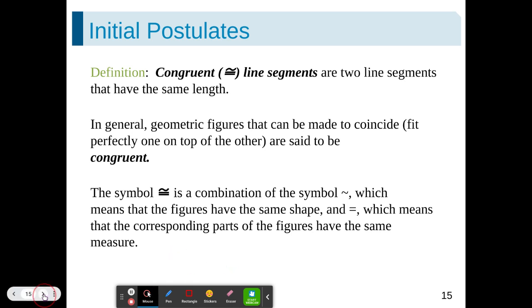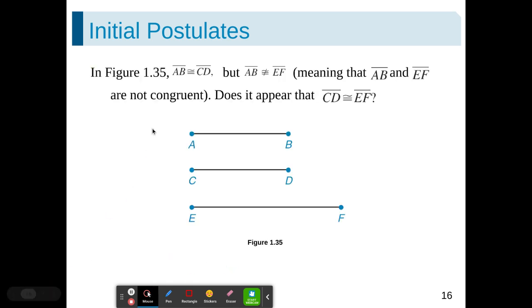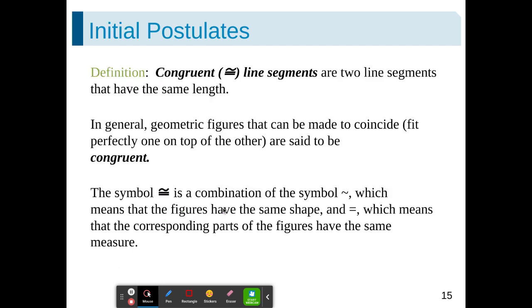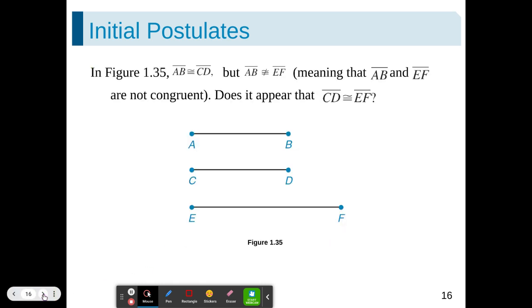So let's see how that applies. For example, we take a look at this. Line segment AB is congruent to line segment CD. Notice we're not using an equal sign because we're not talking about measure. We're talking about this idea that the lines have this congruence, and that means the corresponding parts have the same measure. So it's a slightly different deal.